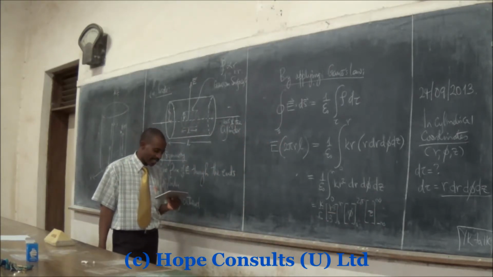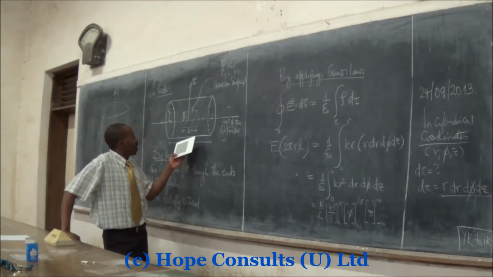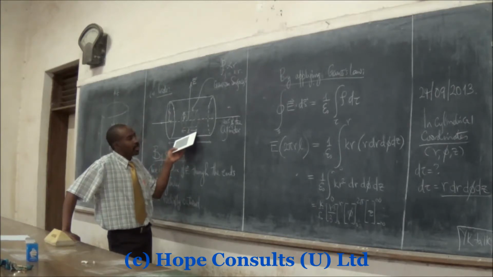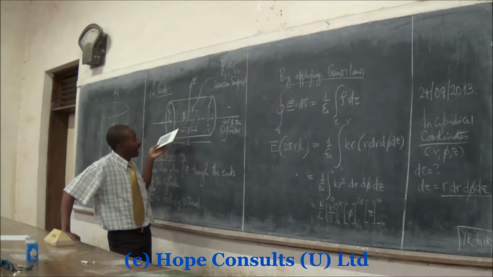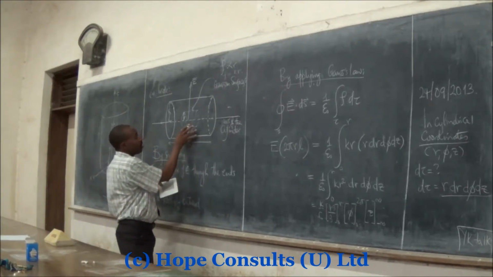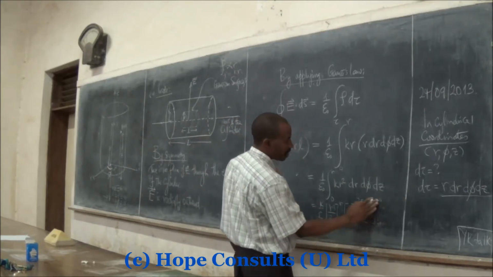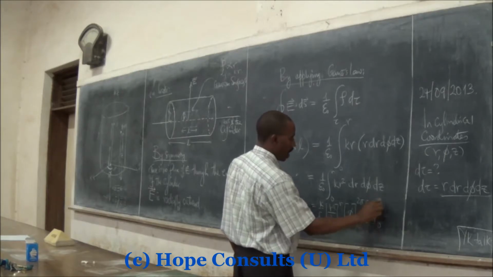Does that make any sense? But of course, in our expression, our distance here is actually from 0 to small l, because we are finishing the whole of our Gaussian surface which we chose. So we have z for our example from 0 to l.